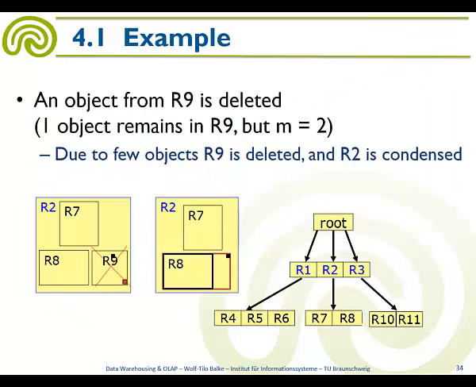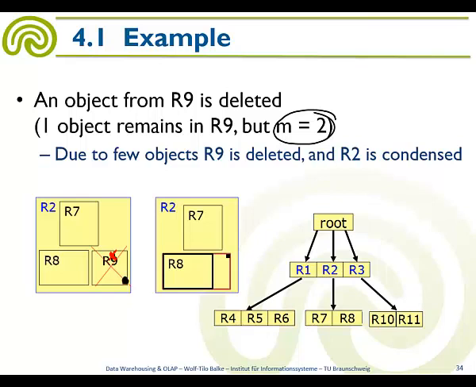So an example, let's assume here now that our lower bound is 2, so you should not have fewer than 2 children. And R9 here had basically 2 children. And now we're going to delete this guy over here.